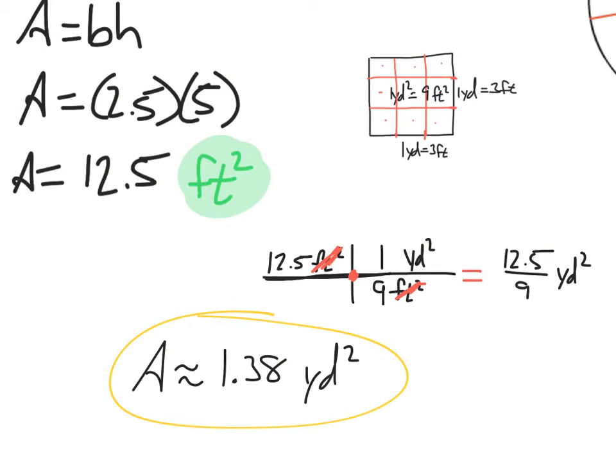That's called unit analysis. And that process can be done as many times as you need, meaning I might change something into, let's say we have a light year, and I want to know how many miles per second that is.